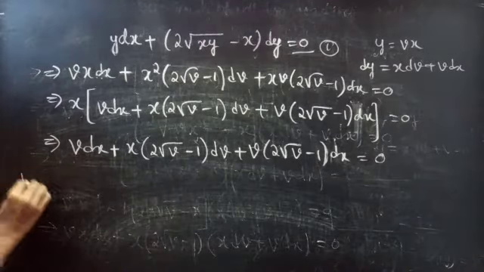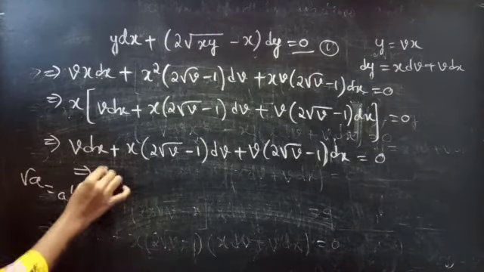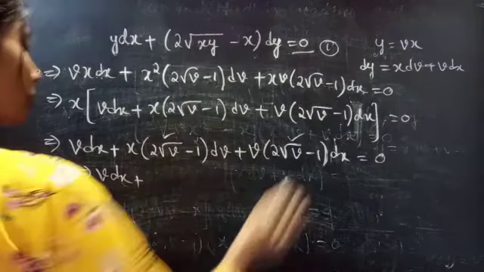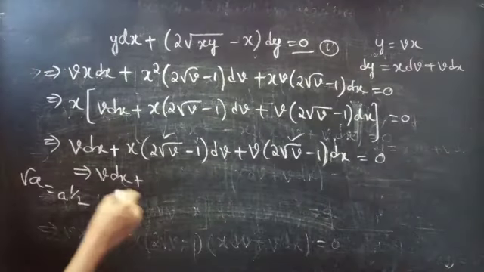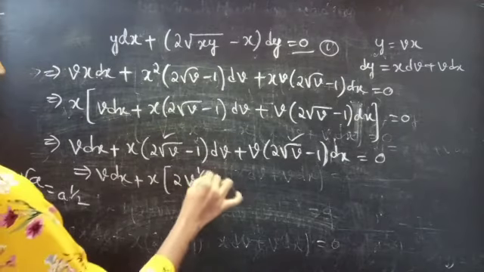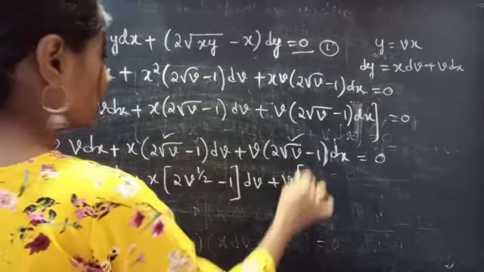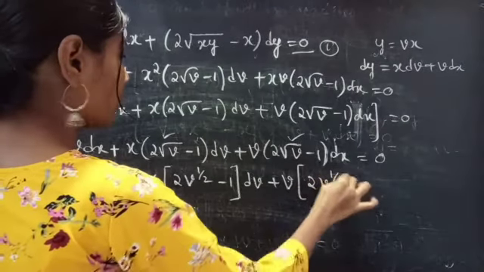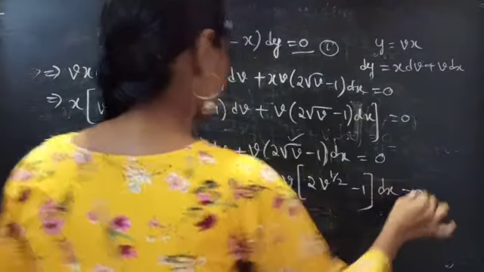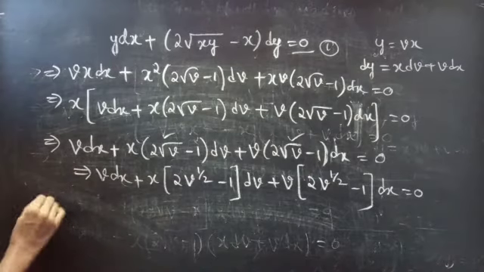We know that square root of a equals to a power 1 by 2. Now replace square root of v. We'll get v dx plus x into 2 into v power 1 by 2 minus 1 into dv plus v times 2 into v power 1 by 2 minus 1 into dx equals to 0. Now we'll remove the brackets.